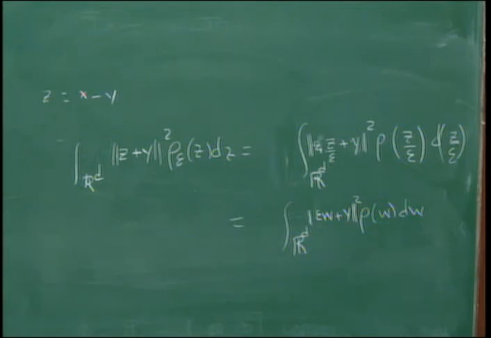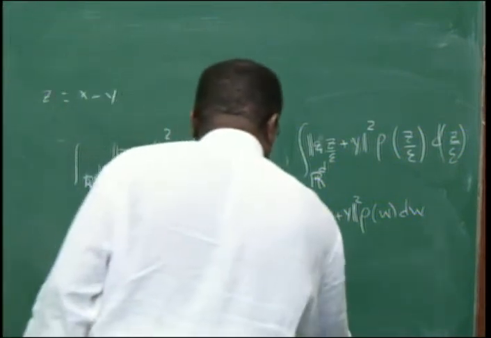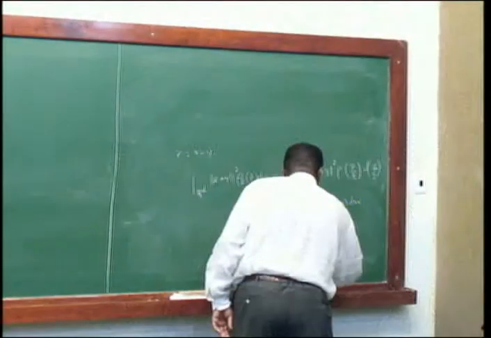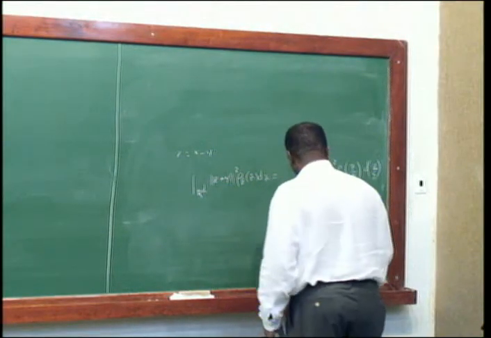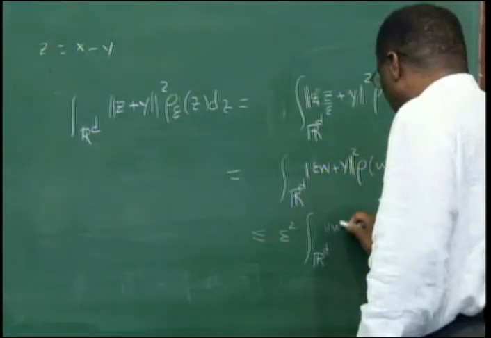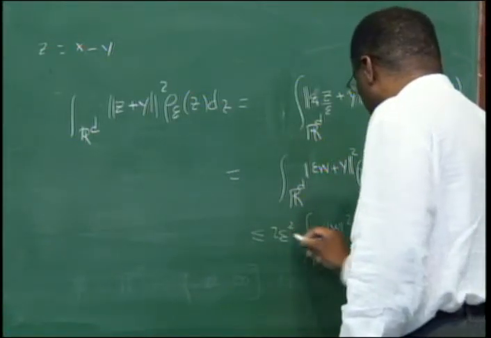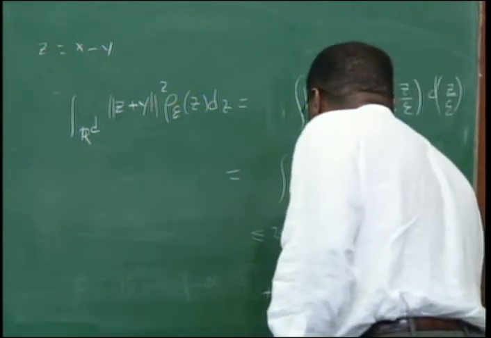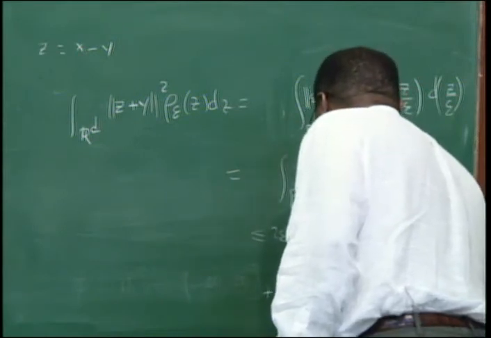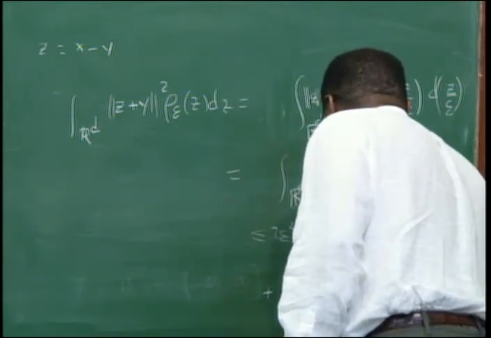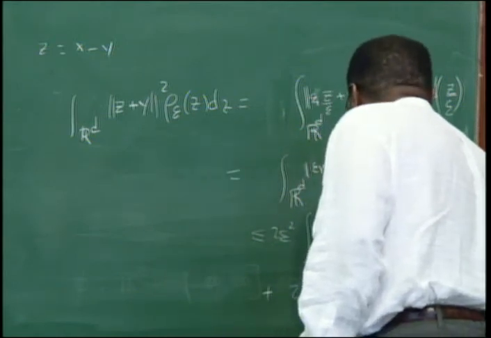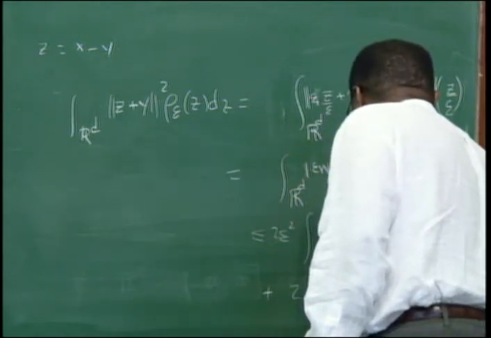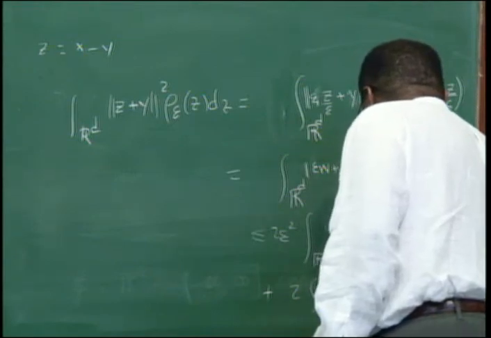And we are done. Because this is less than 2 epsilon squared, the integral over Rd of w squared rho of w dw plus twice the integral over Rd of y squared rho of w dw.